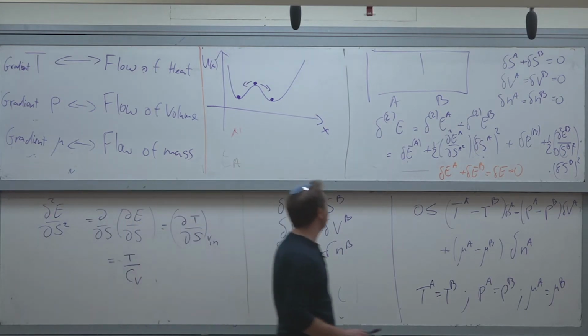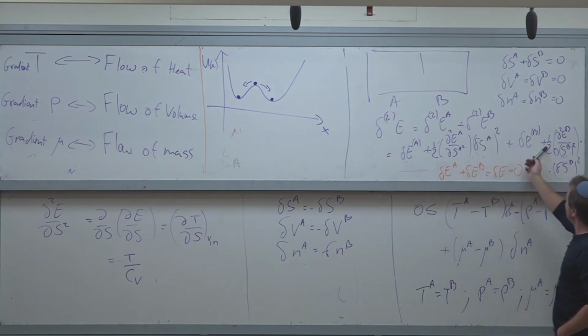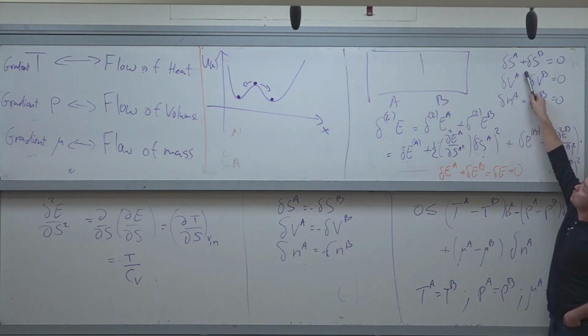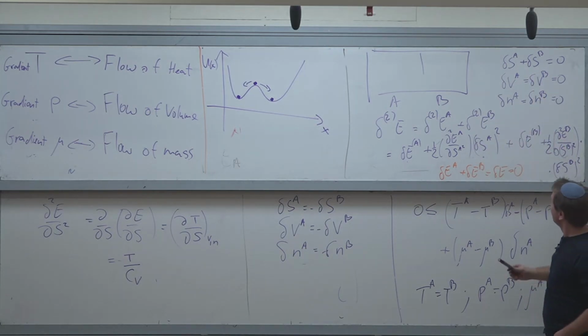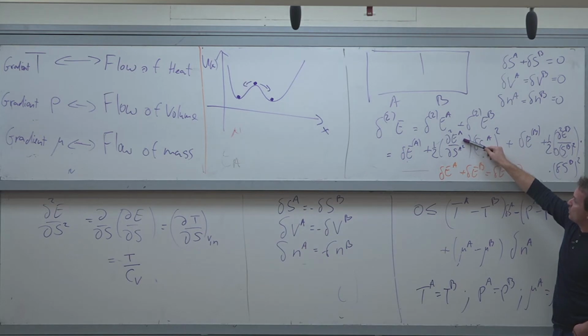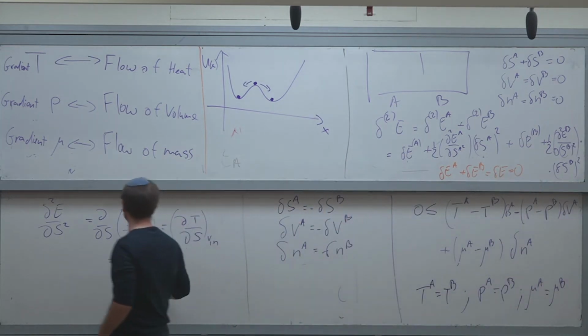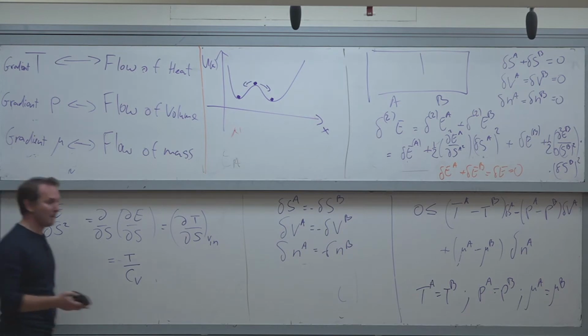Now look, what we have over here, this term and this term disappear. 1/2 and 1/2 we don't care. Delta S_A squared, here we have delta S_B squared. But delta S_A equals minus delta S_B, so it's the same prefactor. The only difference is this one and that one, but both of them equal the temperature of A divided by the specific heat of system A plus the temperature of B divided by the specific heat of B. Let's write it down.